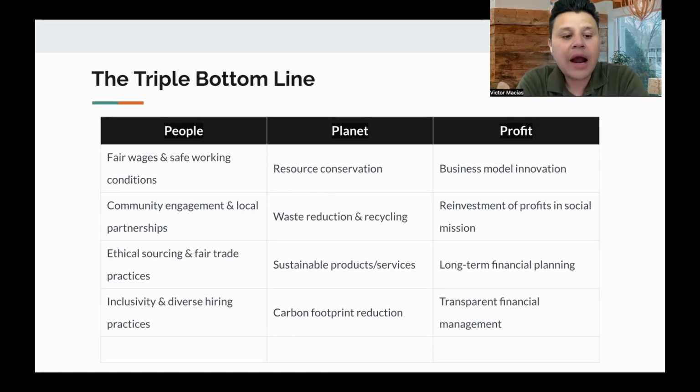Is there inclusivity in your hiring processes? Are you paying people fairly? Are you helping the community? And then with planet, are you reducing waste? Are your products sustainable? Do you have a sustainable supply chain? And then with profit, it's, are you focused on the short term or the long term? Are you being transparent? Are you being innovative in your business model?